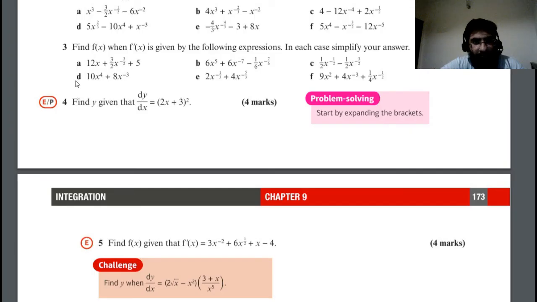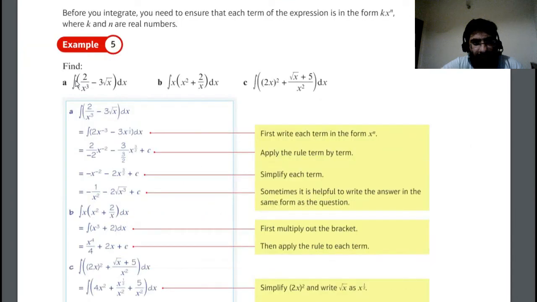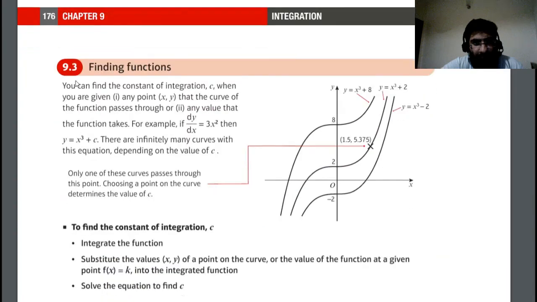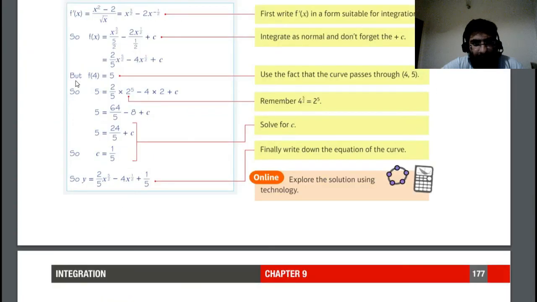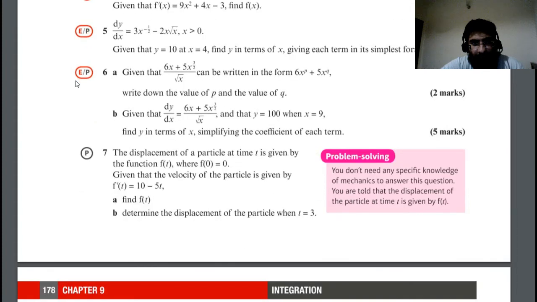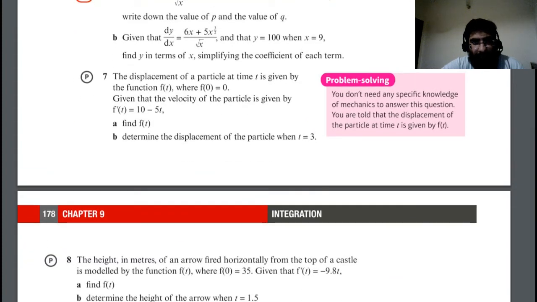Given that 6x plus 5 can be written, right down. Okay. 6 by root x plus 5x by 2 by root x. I remove root x from the denominator. Okay, and then I take it up and this becomes half and then this becomes, what was this? This was 3 by 2, right?